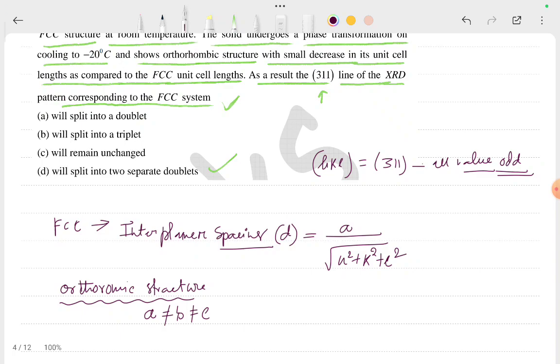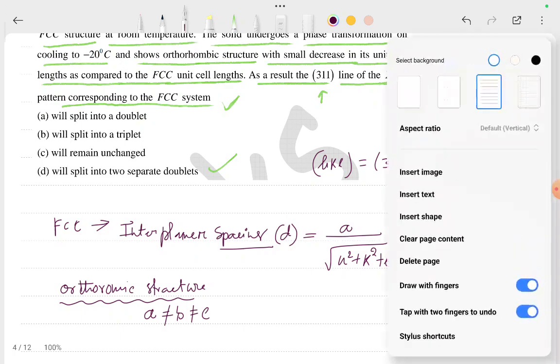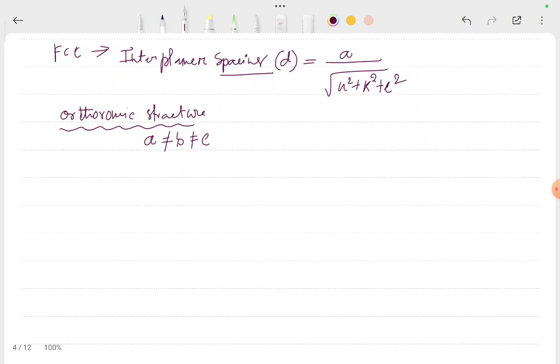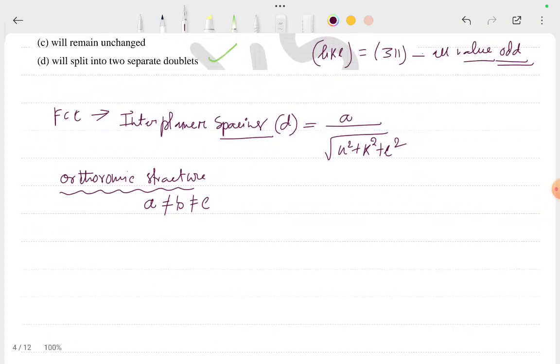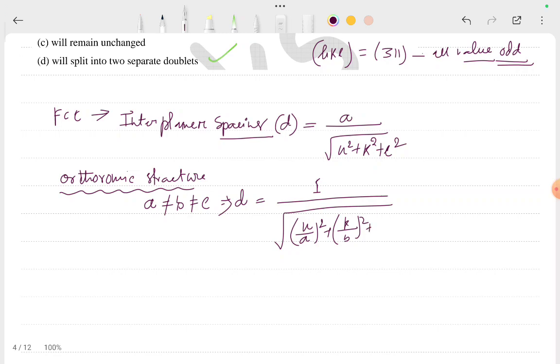All values are not equal. So when all values are not equal, the interplanar spacing d is equal to 1 upon root under (h by a whole square plus k by b whole square plus l by c whole square).